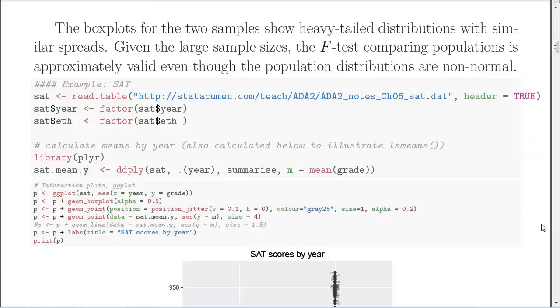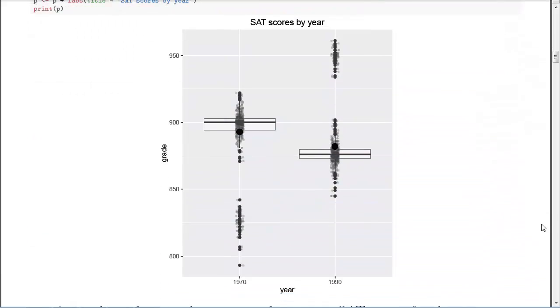So we'll take a look at the plot of the data. On the left we have 1970, on the right we have 1990, and we have their score on the SAT on the vertical axis. And we see slightly unusual distributions, but the big dot here represents the grand mean of all the observations. And you can see that over time, from 1970 to 1990, there's a decrease of about 15, 20 points in the SAT scores.